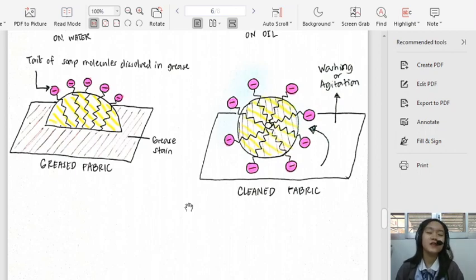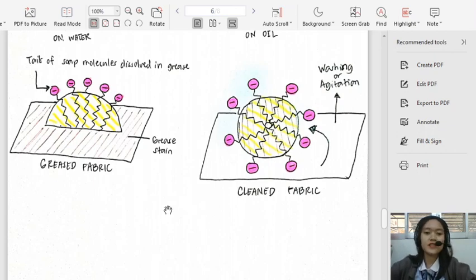Kaya, kapag gusto mong linisin ang kamay mo, gagamit ka ng sabon or what? Or alcohol. Okay? Kasi your lipids and the microorganisms or pathogens will be dissolved doon sa inyong alcohol because your alcohol is an organic solvent.